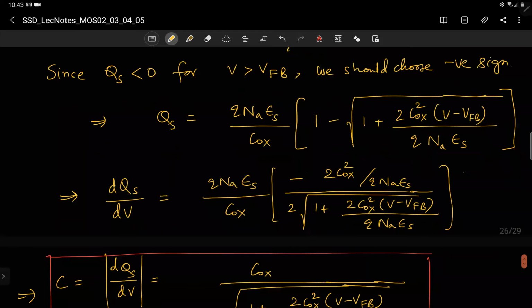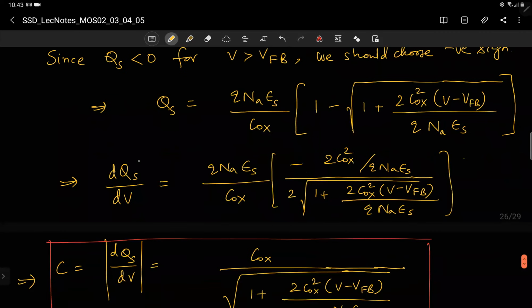All right, and now you take the derivative dqs by dv, you get qna epsilon s by cox and some expression, just taking the derivative of this. There's no big confusion. It is minus here, root over x derivative 1 by 2 root x, and then the derivative of things inside, that is 2 cox square by qna epsilon s, because the derivative of v minus vfb is 1.